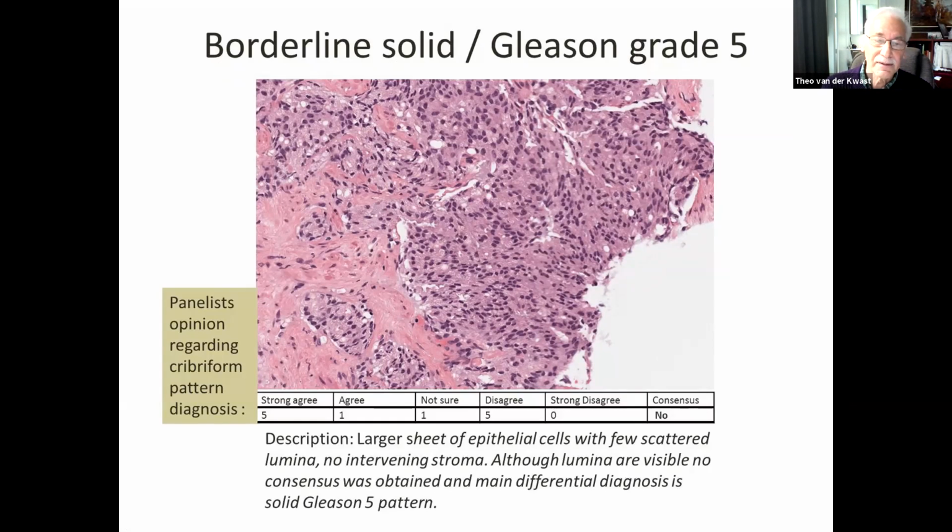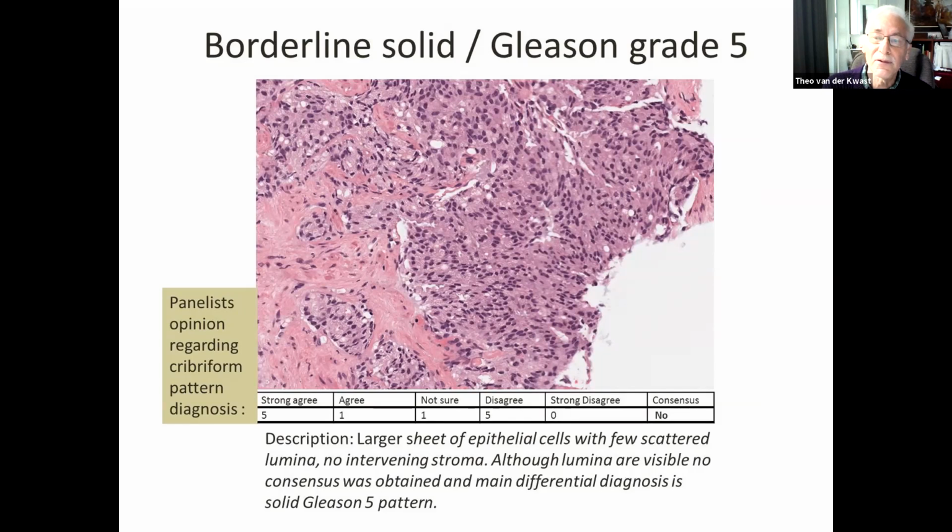The description is that this represents a larger sheet of epithelial cells with a few scattered lumina, no intervening stroma. Although lumina are visible, they're not that easily visible. But again, the word easy is of course a little bit subjective. There was no consensus obtained. Personally, I would have diagnosed this as a pattern 5.